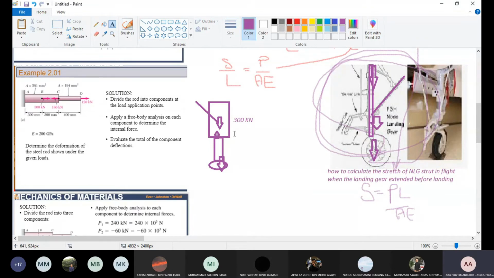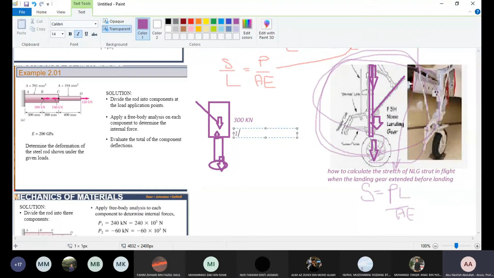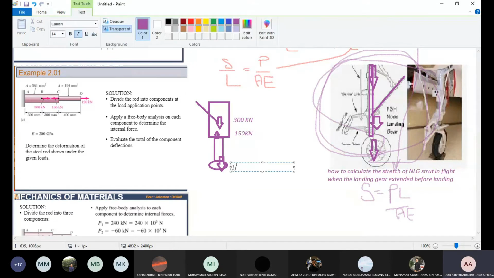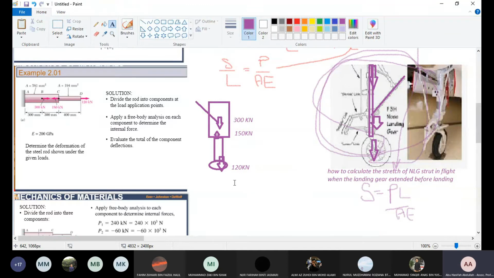Due to the joint, we have like 150 kilonewton. It's just trying to visualize. Then the whole wheel assembly is 120 kilonewton. So all the forces are acting.